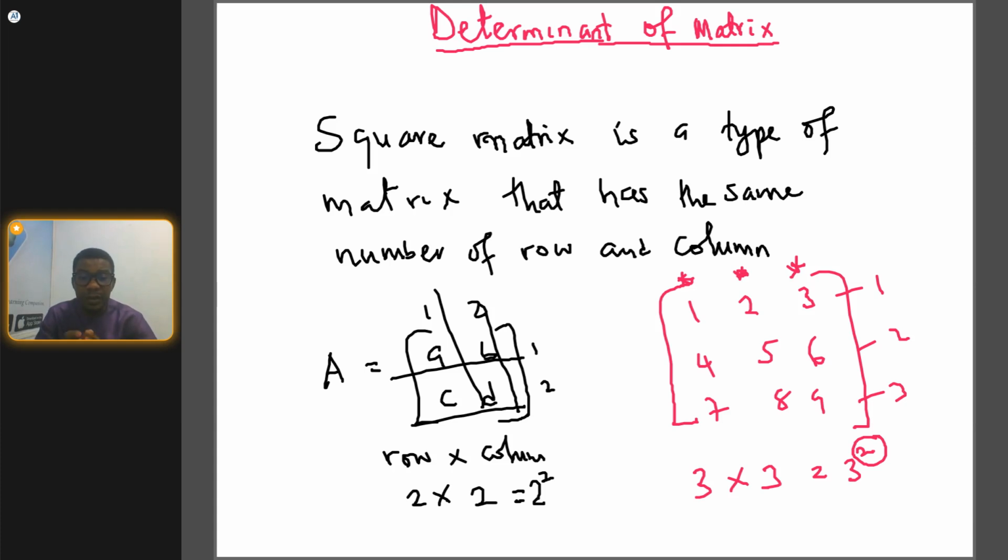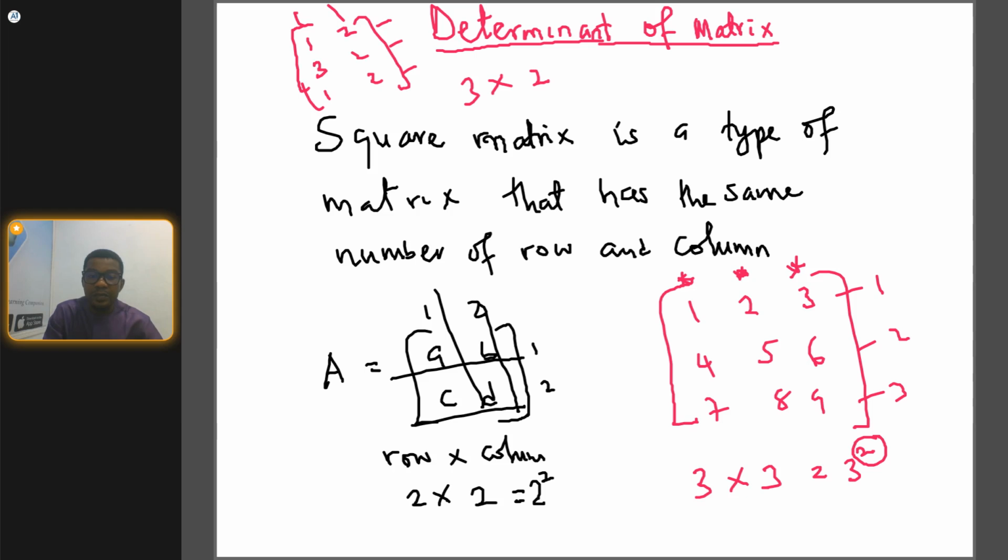If I don't have a square matrix and I'm asked to find the determinant, the answer is undefined. Let's say we have a 3 by 2 matrix: 3 rows multiplied by 2 columns.